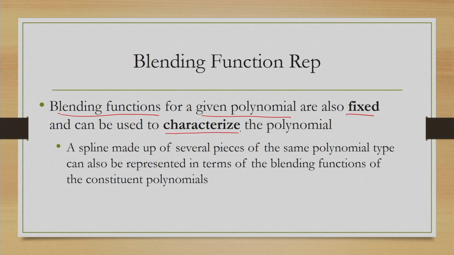So, for a given polynomial with constraints, the functions that can be used to represent it are fixed. So, this blending function set can be used to characterize the polynomial. We can apply the same logic here. A spline made up of several pieces of the same polynomial type can therefore also be represented in terms of the blending functions, since they are uniquely characterizing the constituent polynomial pieces.